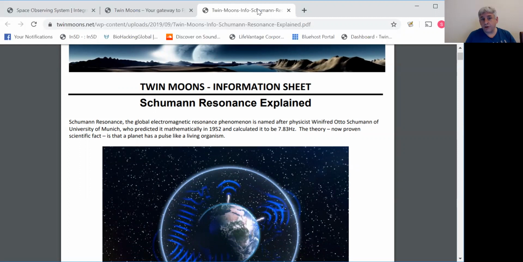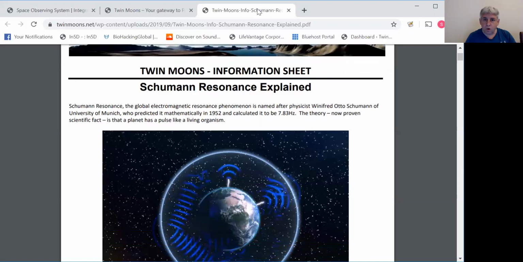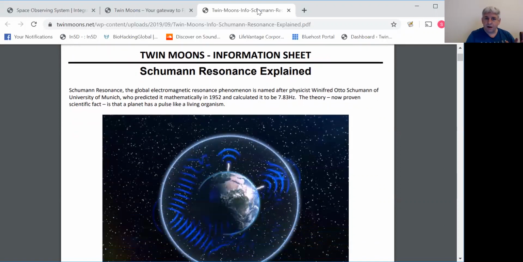And the important thing to note is the primary Schumann resonance frequency, and I'll get back to why I use the term primary rather than just the Schumann resonance frequency. But the primary Schumann resonance frequency is 7.83 hertz. So 7.83 cycles per second is what is detected, and for decades, since it was detected in 1952, it was a stable, consistent frequency that would be propagated and detected anywhere around the planet.